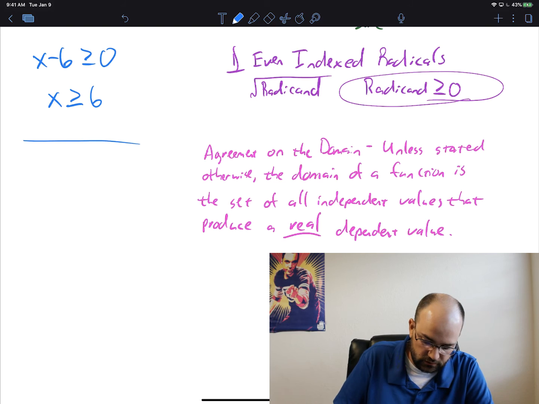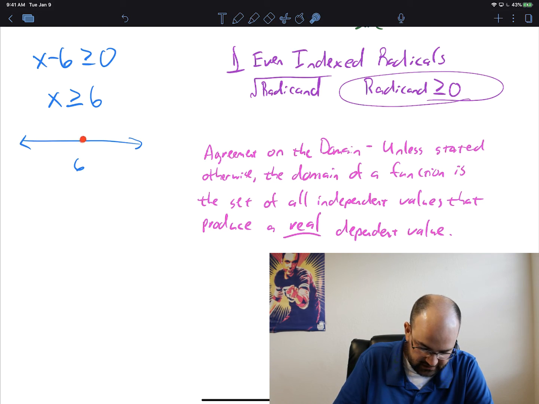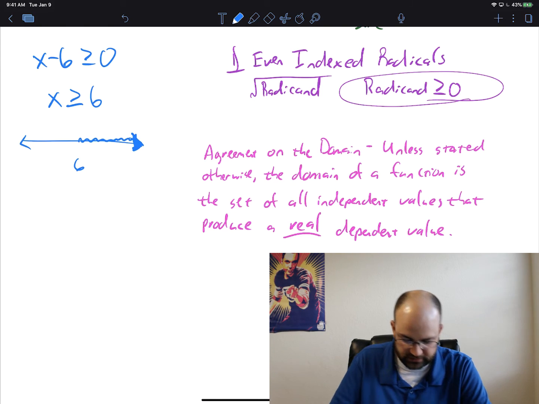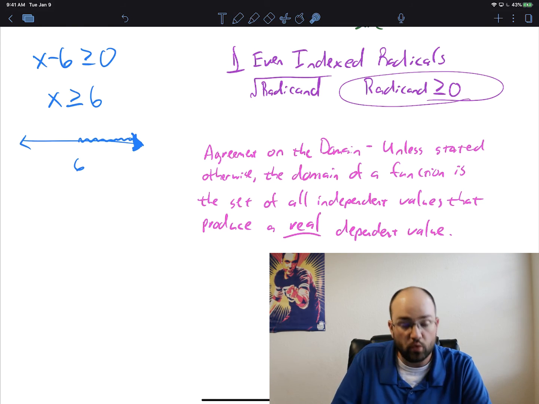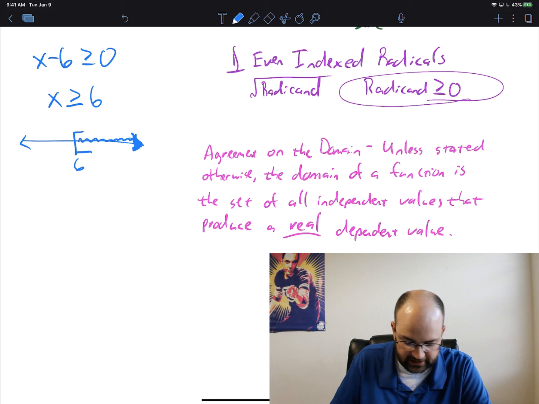If you need to, on the number line, put a 6 in the middle, start at the 6 and shade in the direction that the arrow is pointing, which is to the right. But I'm not told to stop anywhere, so I have to keep going forever. And because this is greater than or equal to, that's very important, we have to use a square bracket.